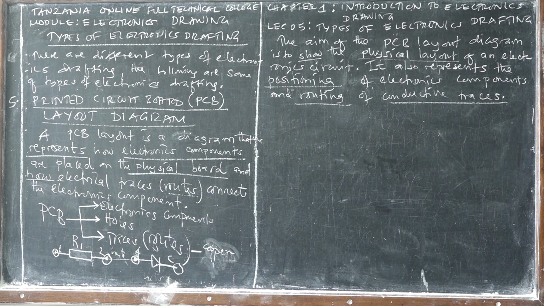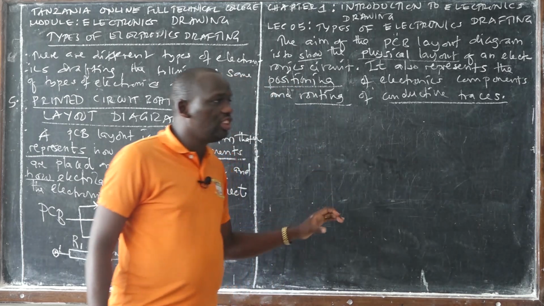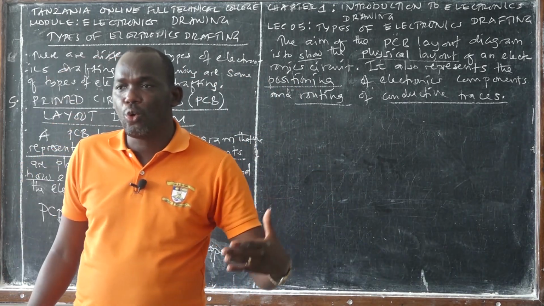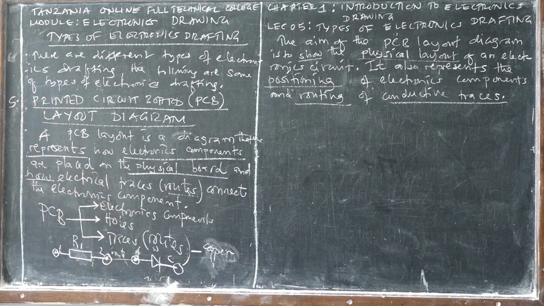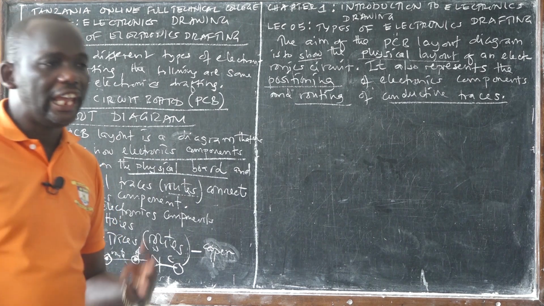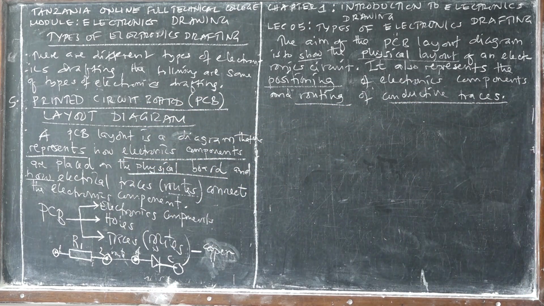Routings mean the interconnection between one component and another. In electronics, we can interconnect two components either by using electrical wires or by using copper material, which we call traces or routes. Are we together? Yes.